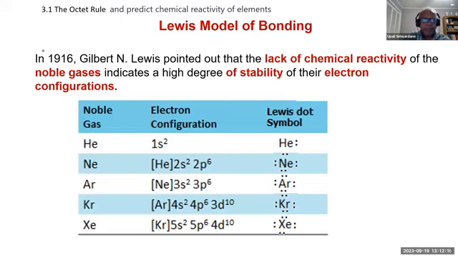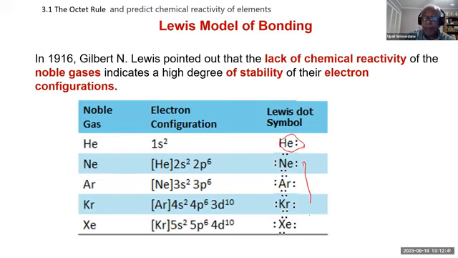If you look at noble gases, the last column on the right of the periodic table, helium, neon, argon, krypton, xenon, radon, they all have an octet of electrons except helium.